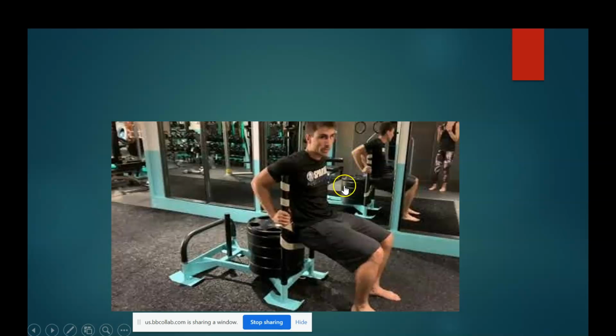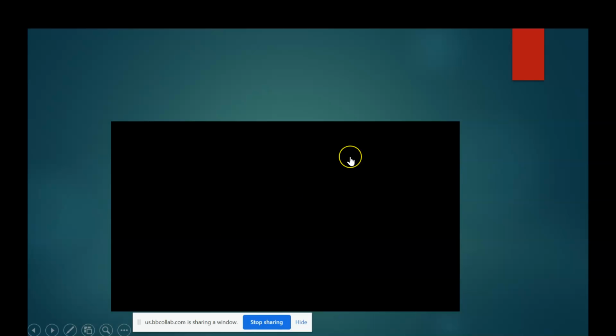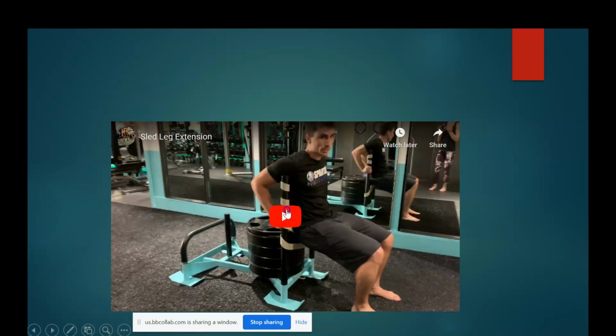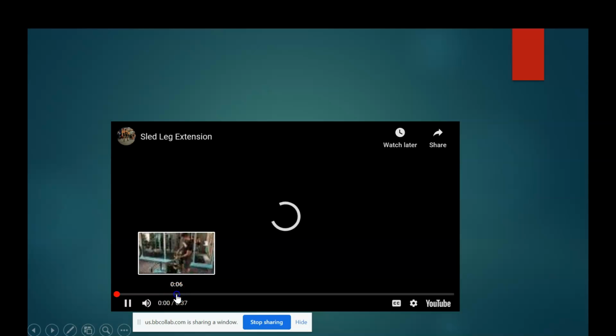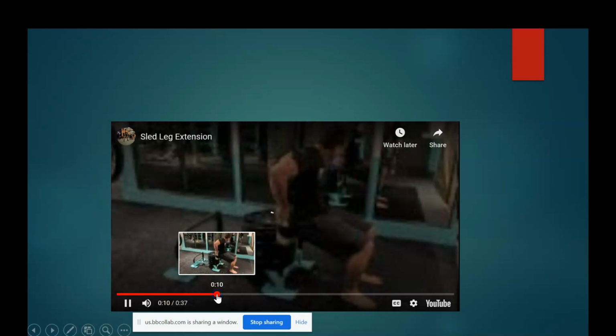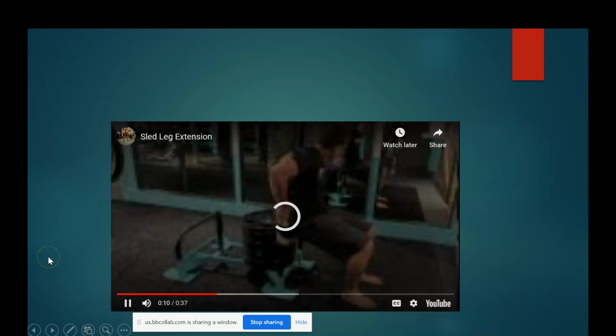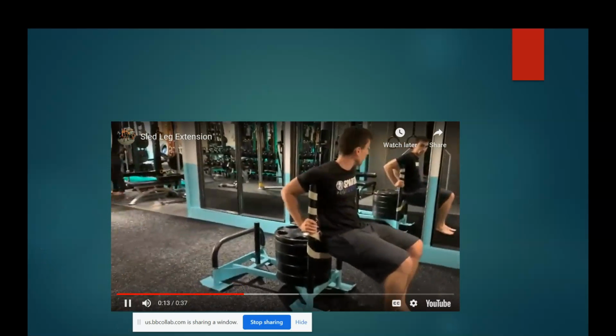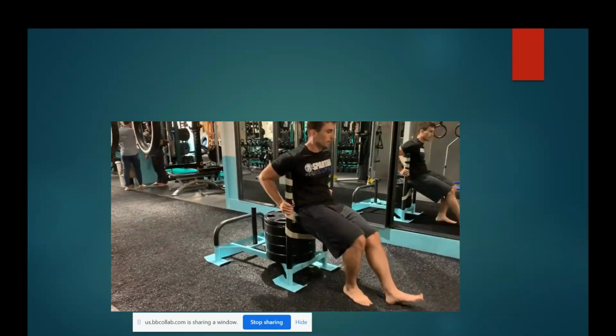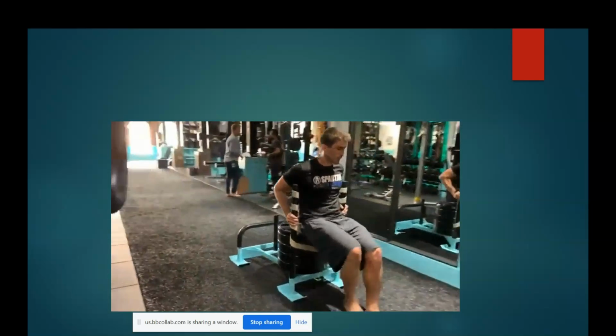Sled back pedals. So for this is great. It's essentially like a leg extension. Into a position where you're basically doing a semi-squat. So essentially you just go one leg at a time.